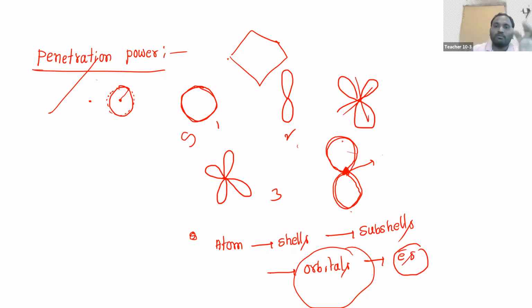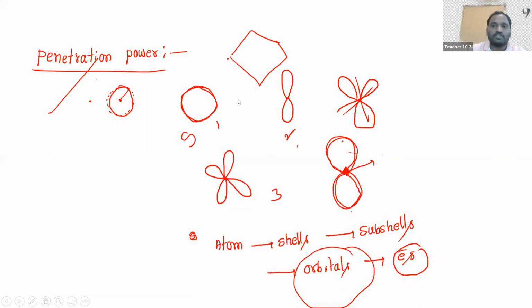If the probability of finding electron is symmetrical, that orbital will be close to the nucleus, closely penetrating to the nucleus. This is called penetration power.